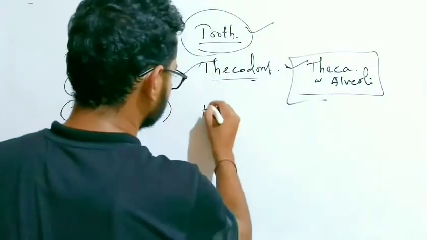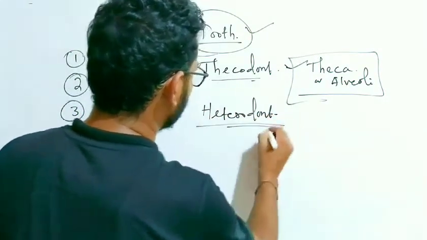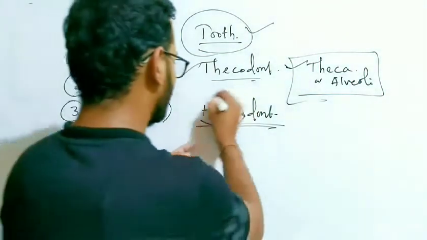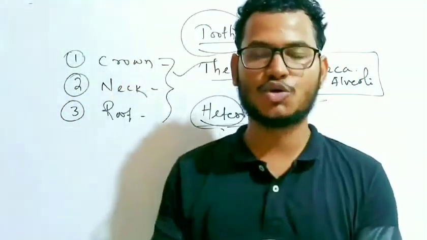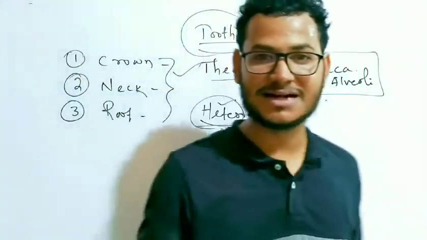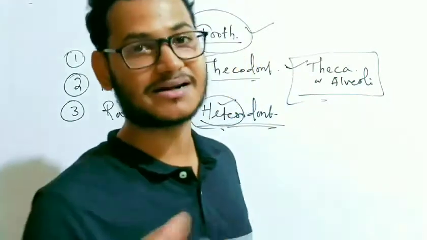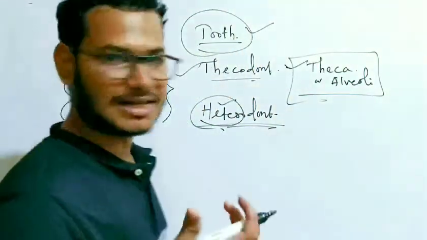The next term is the heterodont. Heterodont means hetero. First understand homo and hetero. Homo means similar, hetero means dissimilar. So the teeth are not of a similar type. The structure of the teeth is different in different regions of the buccal cavity.